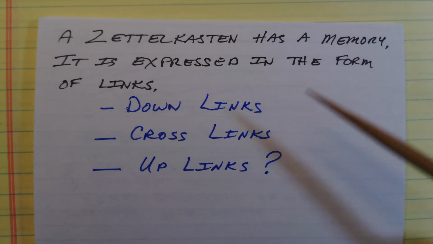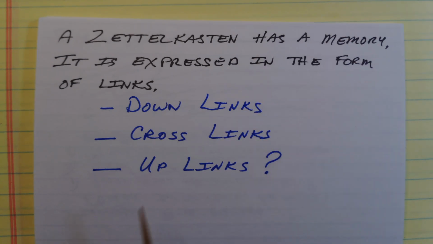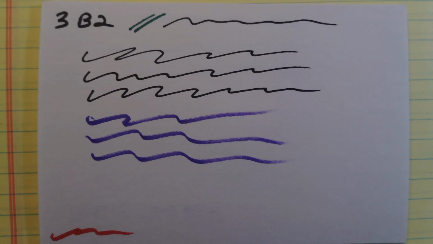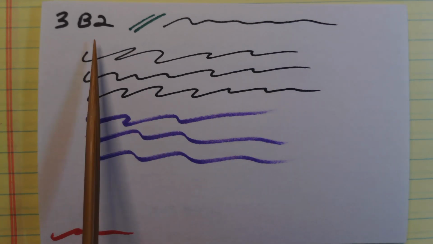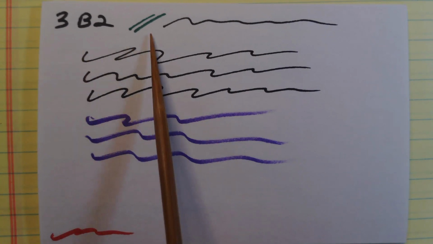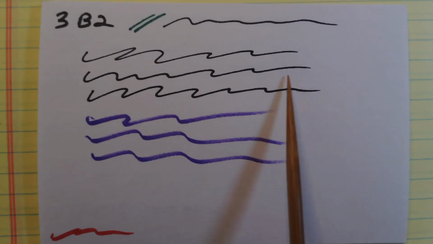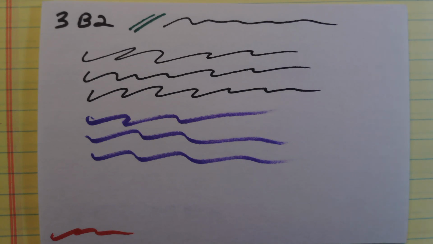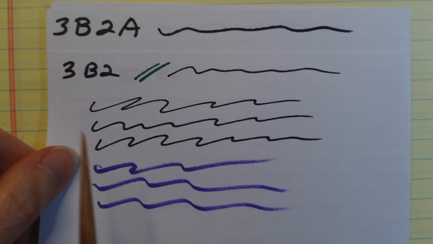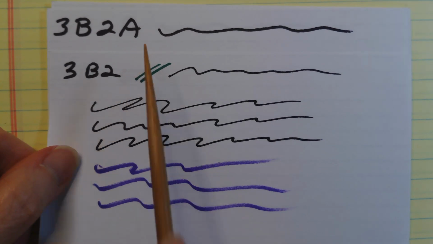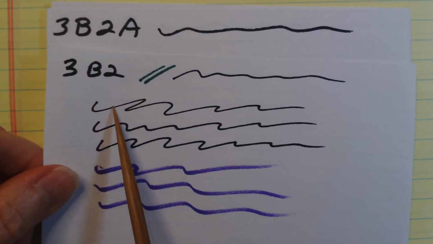We have downlinks and we have crosslinks, and do we also have uplinks? Suppose we start with the traditional main card. It has a main card number, 3B2. It has a tagline, information from the author, your response, and the source. All the good things that a main card is supposed to have. Well, along comes a new card that chooses this card as its parent.